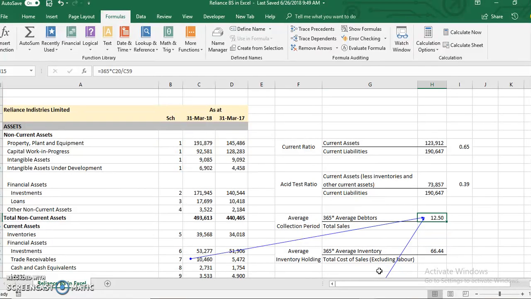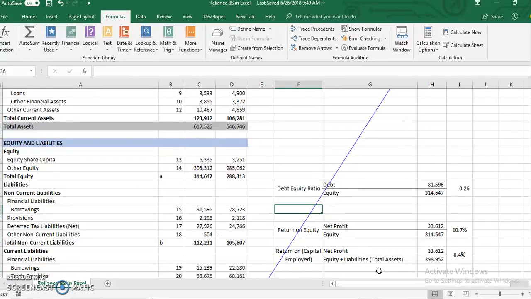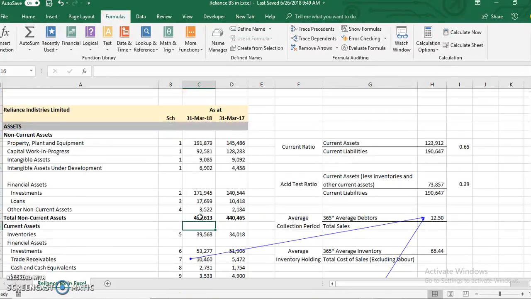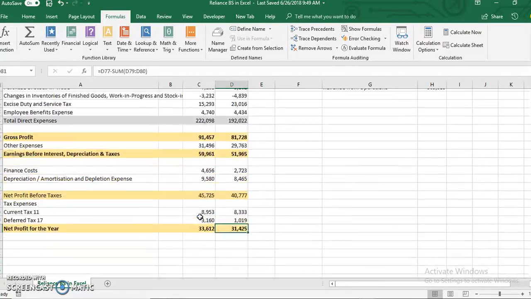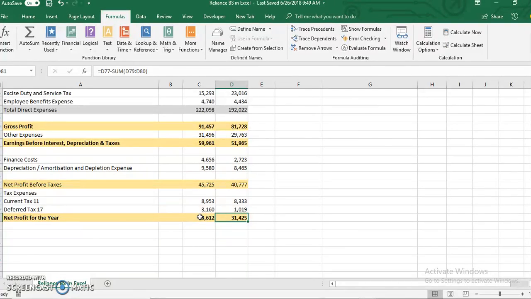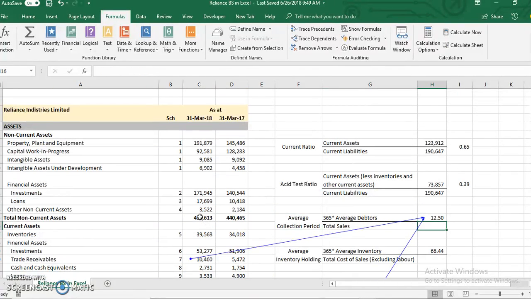Here it shows the average collection period is 12, which is pretty low. It must be because we don't have the credit sales available for this company. But let's say what if it was half of it. Let's say half of the sales was on credit. So what we can do is go into the formula and change it.